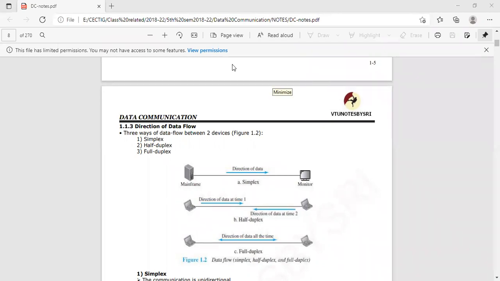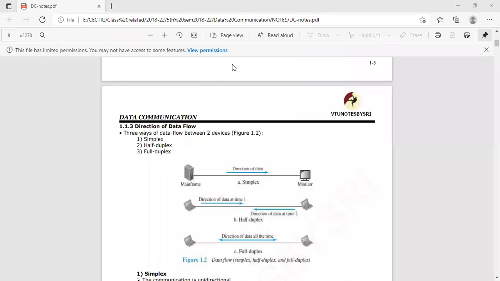Okay, the monitor is an example of simplex mode, because on a monitor we can only see output. Anything we type from the keyboard or mouse, any device, the monitor will just display it. So that is a simplex mode example in real life communication.